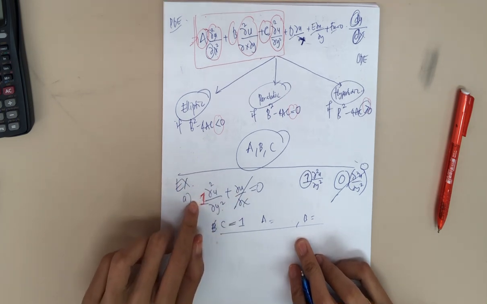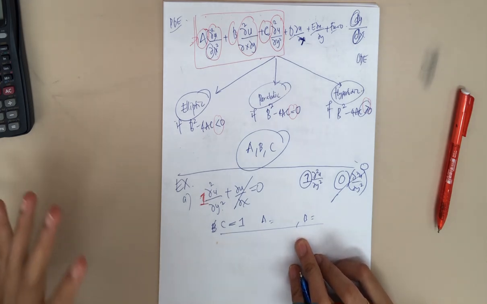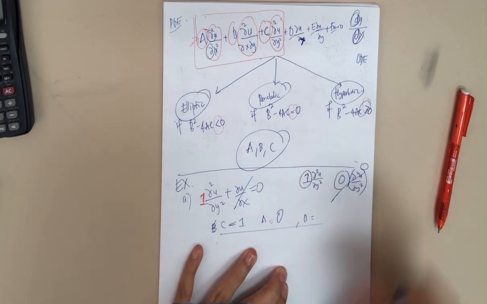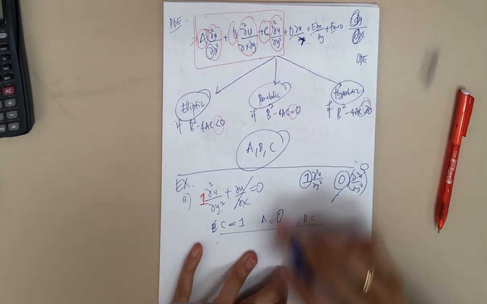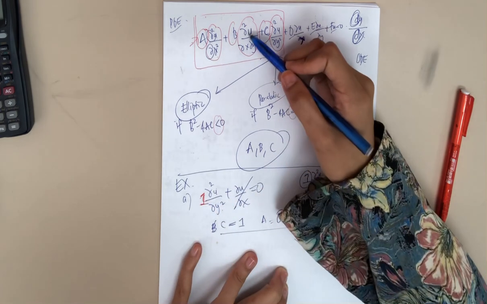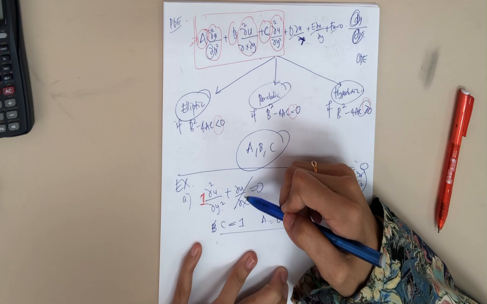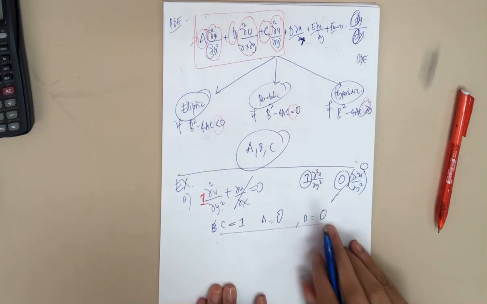Nothing. There is no d square u dx square, so your A is 0. Same goes for B, because there is no d square u dx dy in your equation, so your B is also equal to 0.